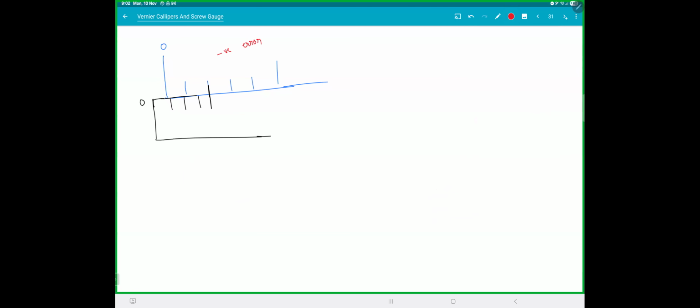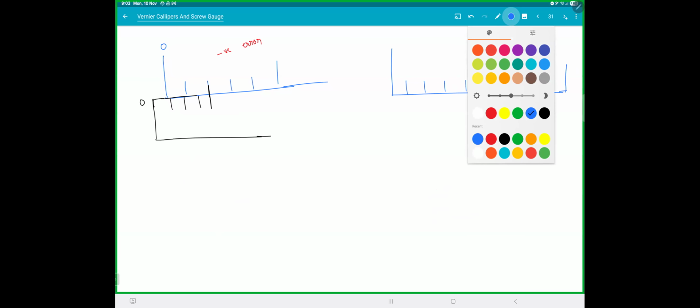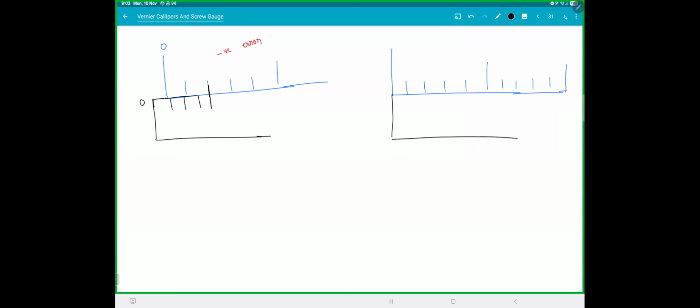Now here there's a trap. Listen carefully. If you go back to the beginning, how vernier calipers worked, this was the one.